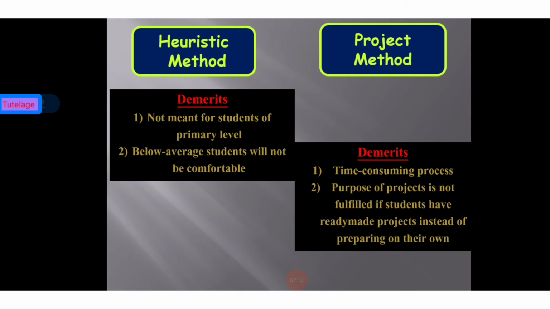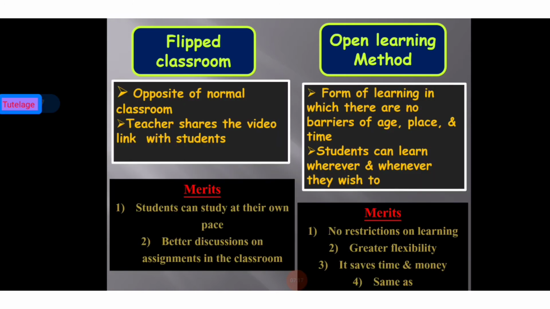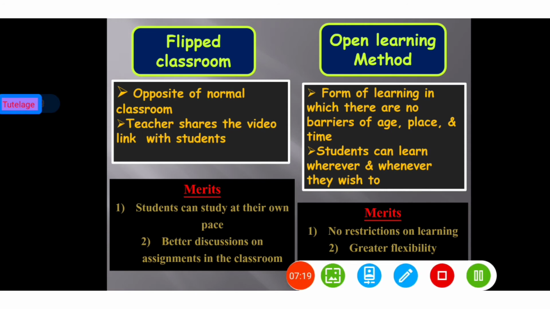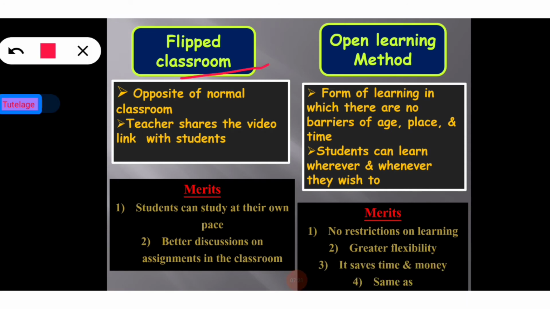So now move on to the next teaching method, that is the flipped classroom method and the open learning method. So the flipped classroom method is the opposite of the normal classroom. So what do you mean by a flipped classroom?